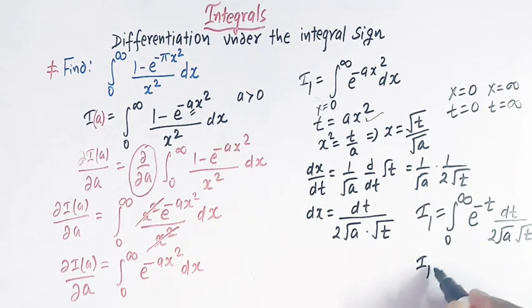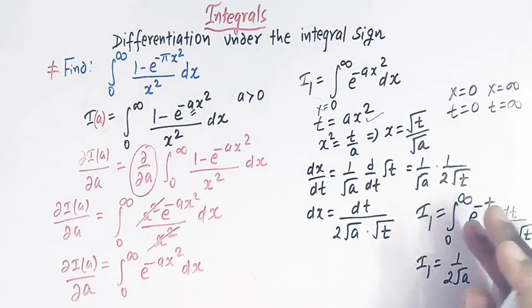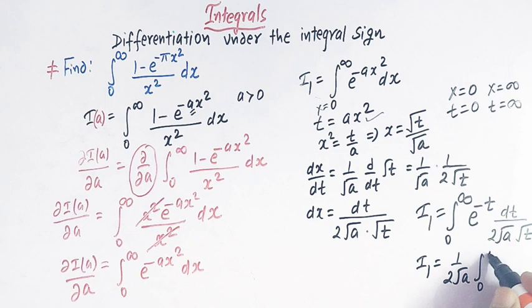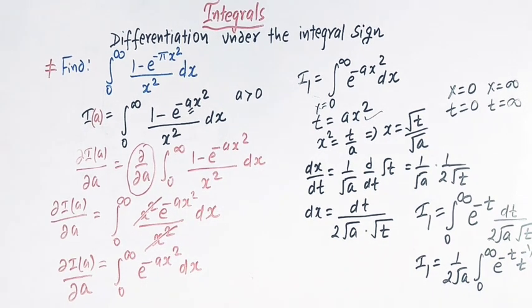So I1 can be written as 1 over 2 times square root of a. Now we can take 2 times square root of a as constant, and take it out from the integral sign. So we have 0 to infinity e raised to minus t, and see here we have square root of t. So if we take square root of t to the numerator, we have t raised to minus half, and here we have dt.